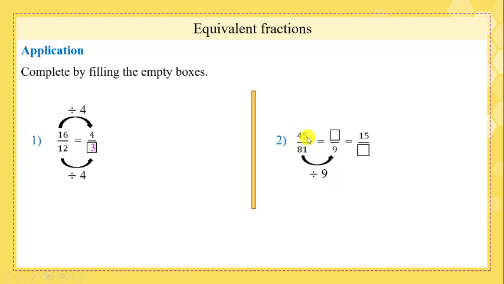So 45 divided by 9 is equal to 5. So the first missing number is 5. 5 over 9 is equal to this fraction. What do I multiply 5 by to get 15? 5 times 3 is equal to 15. So 9 multiplied by 3 is equal to 27, and this is the second missing number.